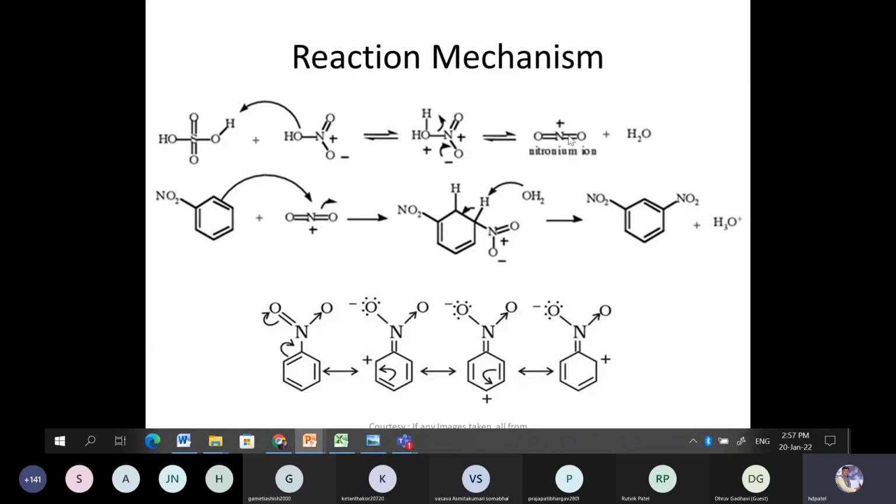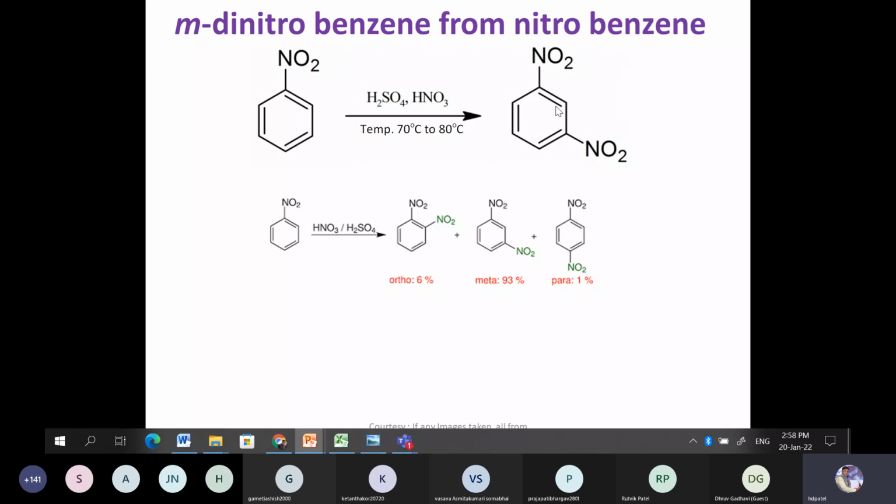This electrophile, having a deficiency of electrons, interacts with the pi electron cloud, and as per the resonating and directing effect of the NO2 group, the most effective or stable product will be formed at the meta position, and that's why we have meta dinitrobenzene as the major product.